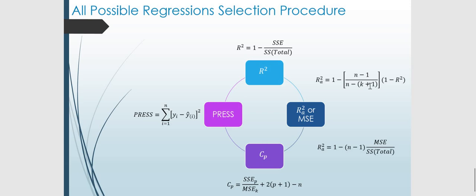Because here, if you keep adding the complexity, if you keep adding the parameters, keep adding the variables, it means adding the complexity of the model, which means more parameters to be estimated. Here k is the number of explanatory variables. Here k plus 1 is actually because you have beta naught here.